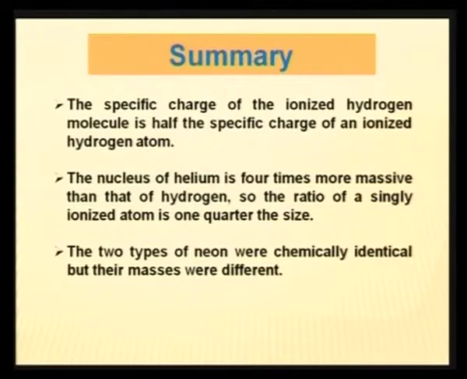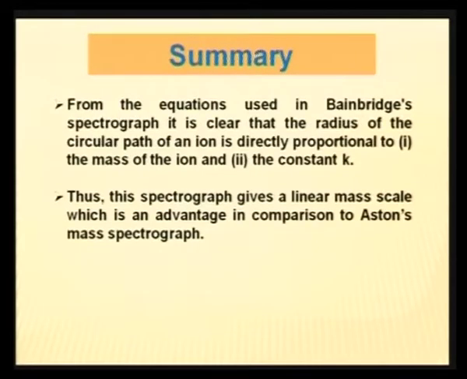The two types of neon were chemically identical, but their masses were different. From the equations in Bainbridge's spectrograph, the radius of the circular path of an ion is directly proportional to 1, the mass of the ion, and 2, the constant K. Thus, the spectrograph gives a linear mass scale, which is an advantage compared to Aston's mass spectrograph.